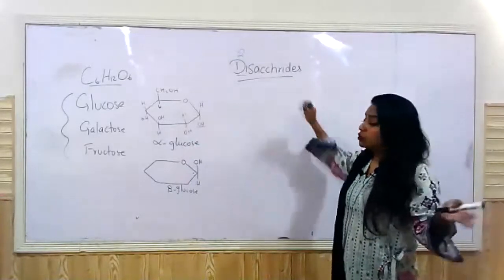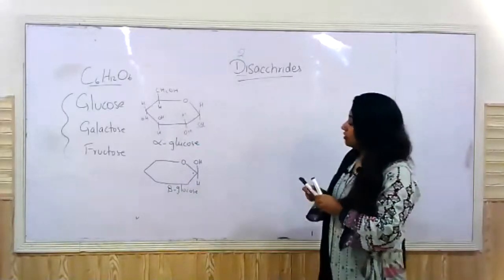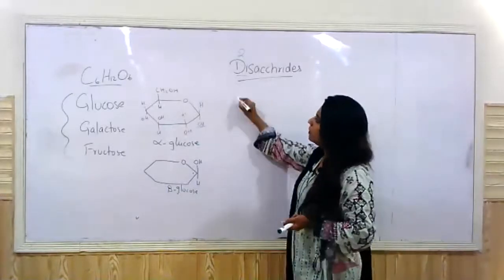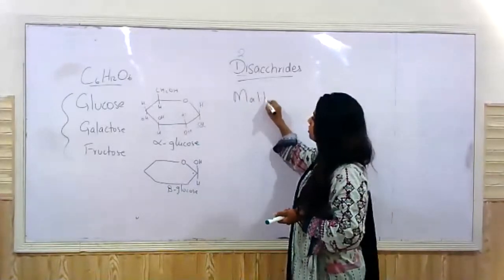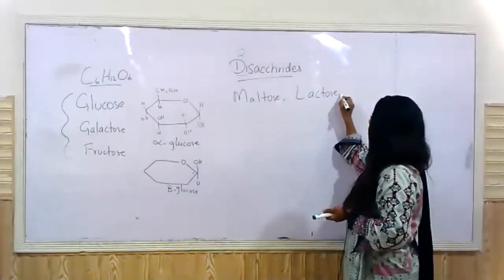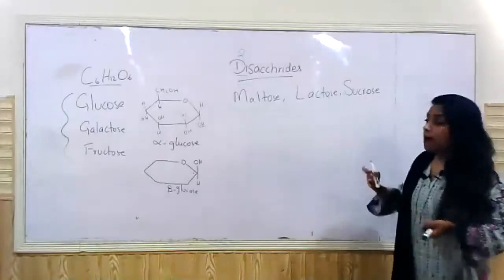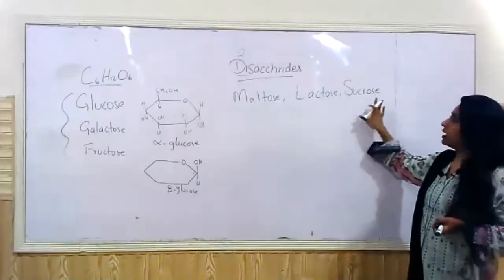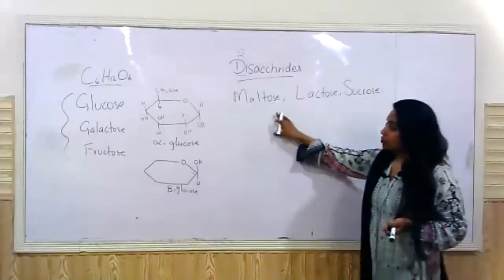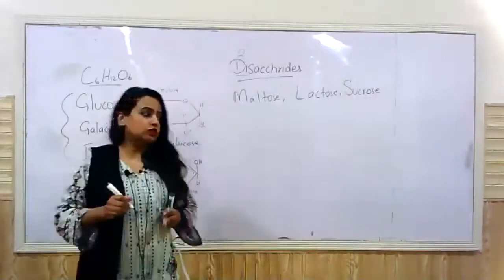Then disaccharides form further bonds and they give rise to what? Polysaccharides, right? So there are 3 disaccharides that you have to study in your syllabus, and all 3 of them, you must be familiar with them. There is maltose, there is lactose, and there is sucrose. We'll be studying all 3 of them. Maltose is formed by the combination of 2 glucose molecules.